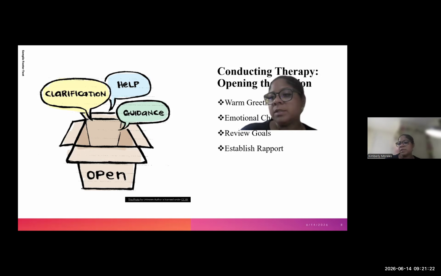I use open-ended questions, reflective listening, and empathy to help the client explore their concerns. Chen 2018 emphasized that helpers should avoid directing clients and instead support their autonomy. Narrative therapy encourages clients to re-author their stories by identifying strengths and possibilities.